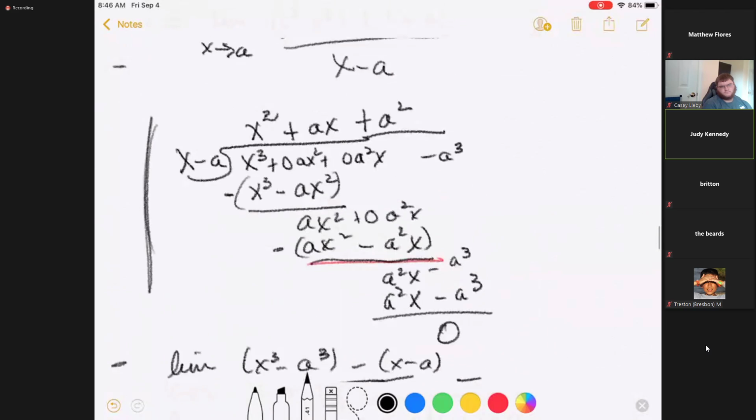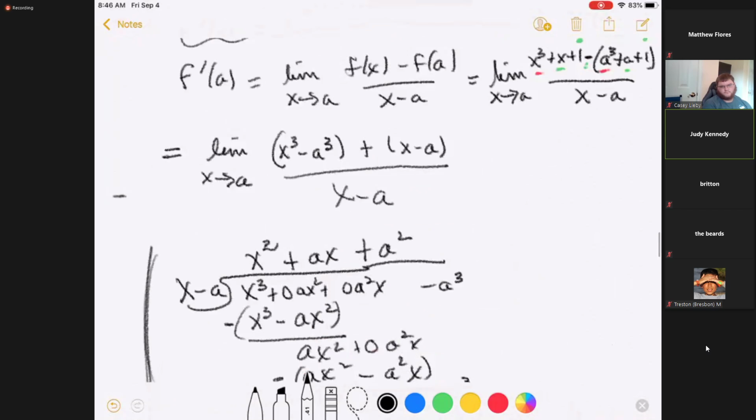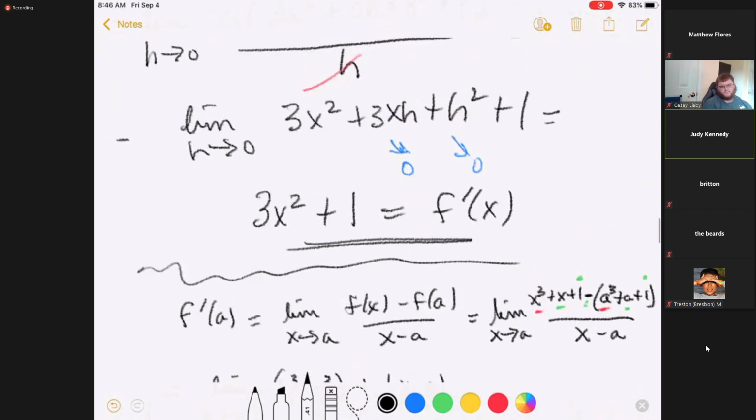Okay. Uh-oh, maybe I made a mistake here. Let's see. When I put a in now with direct substitution, I've got a squared plus a squared plus a squared, which is 3a squared minus 1. So I made an error somewhere. It's supposed to be 3x squared plus 1.